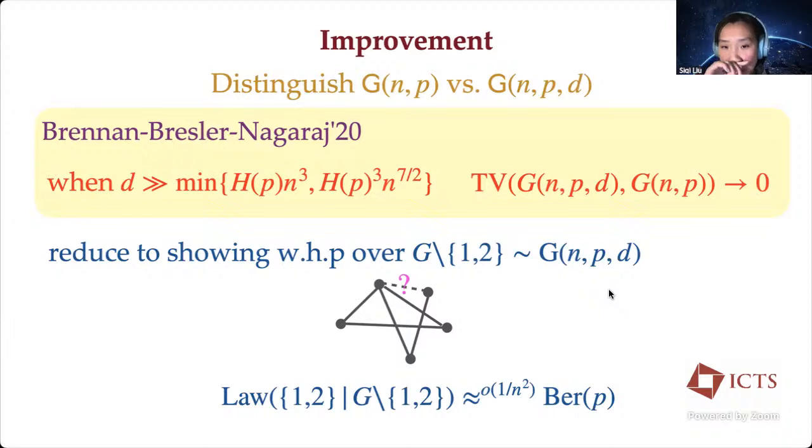Specifically, for a typical random geometric graph in which I know everything about the graph except the existence of edge 1,2, I look at the conditional probability that edge 1,2 exists conditioned on all the other edges. Then the distribution of this edge existing is very close to the Bernoulli distribution with parameter P.